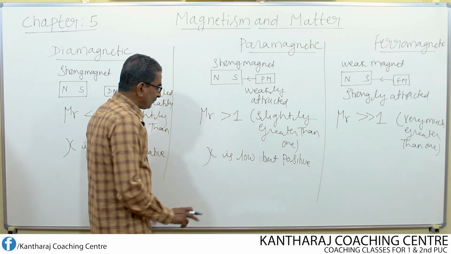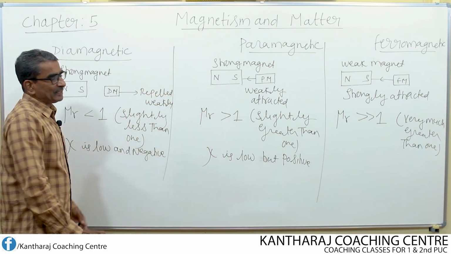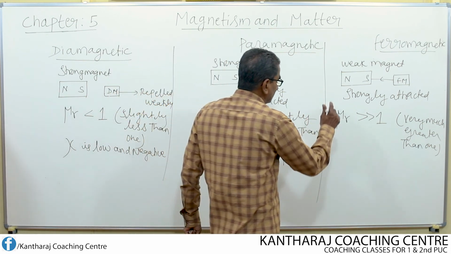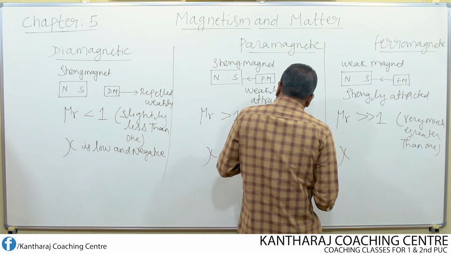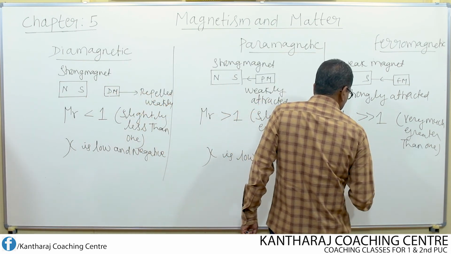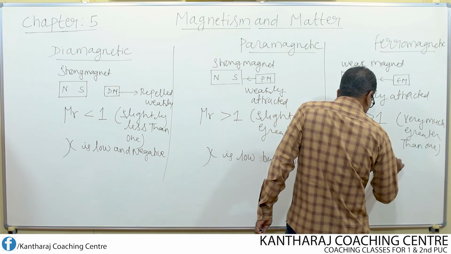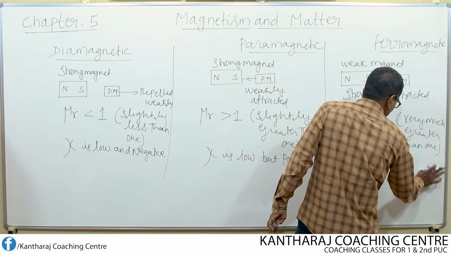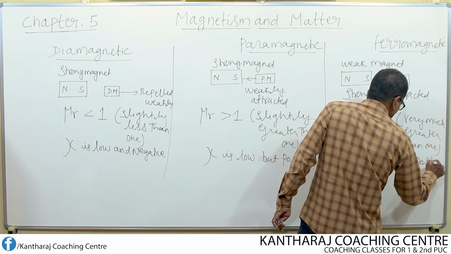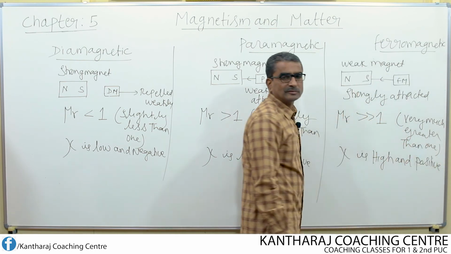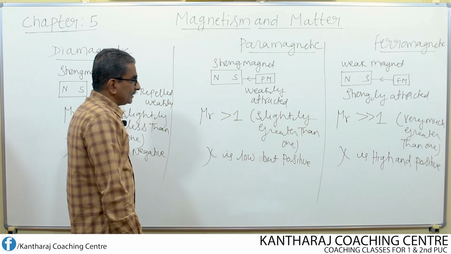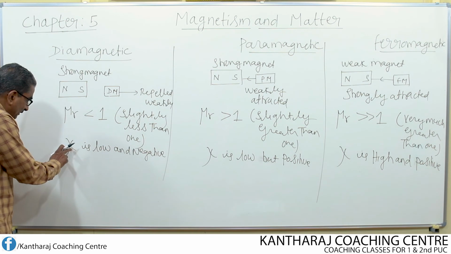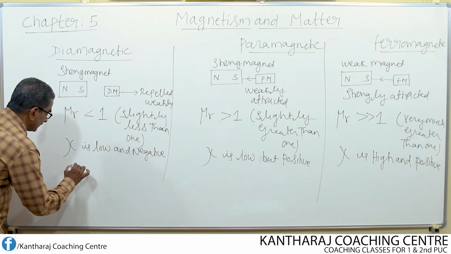So it has positive value of chi, whereas diamagnetic metal has the negative value of chi. Coming to this ferromagnetic material, susceptibility is high and positive. Okay.